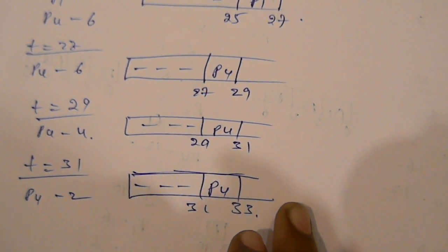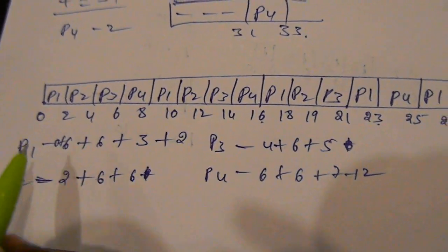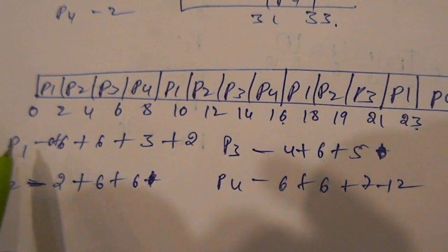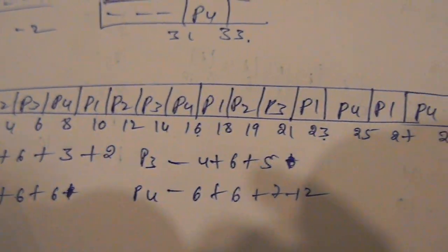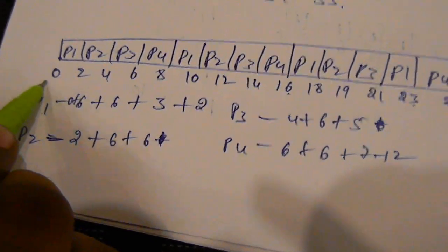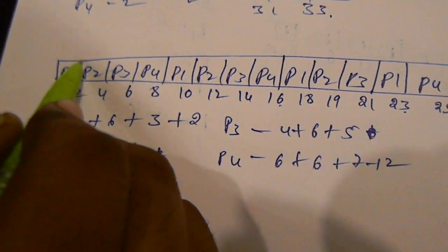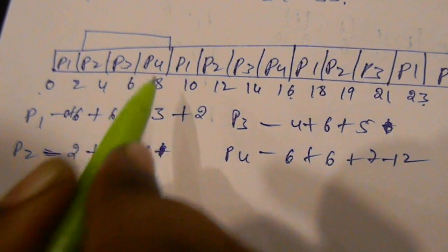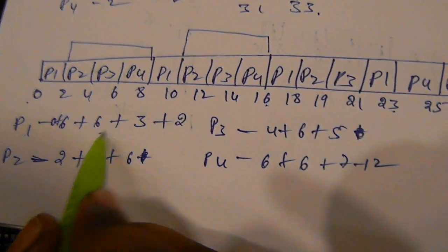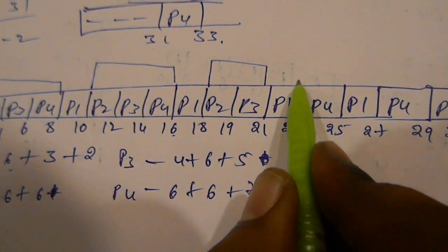Now the average waiting time. This is the Gantt chart. For calculating the average waiting time, we have to calculate the individual waiting times of the processes in the ready queue. P1 waits 0 milliseconds at the start, then waits 6 milliseconds from 2 to 8, then 6 milliseconds from 10 to 16, then 3 milliseconds from 18 to 21, and 2 from 23 to 25.